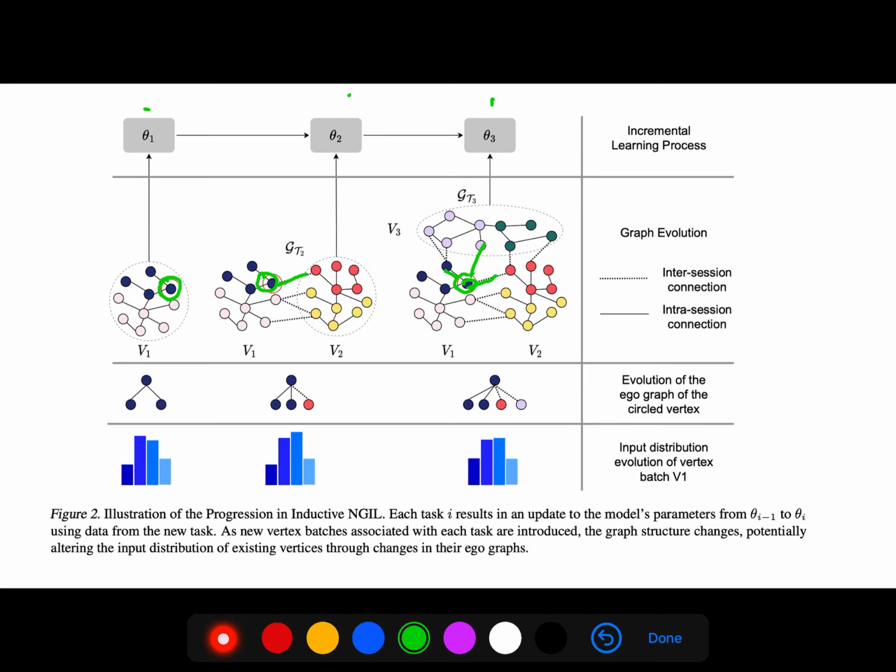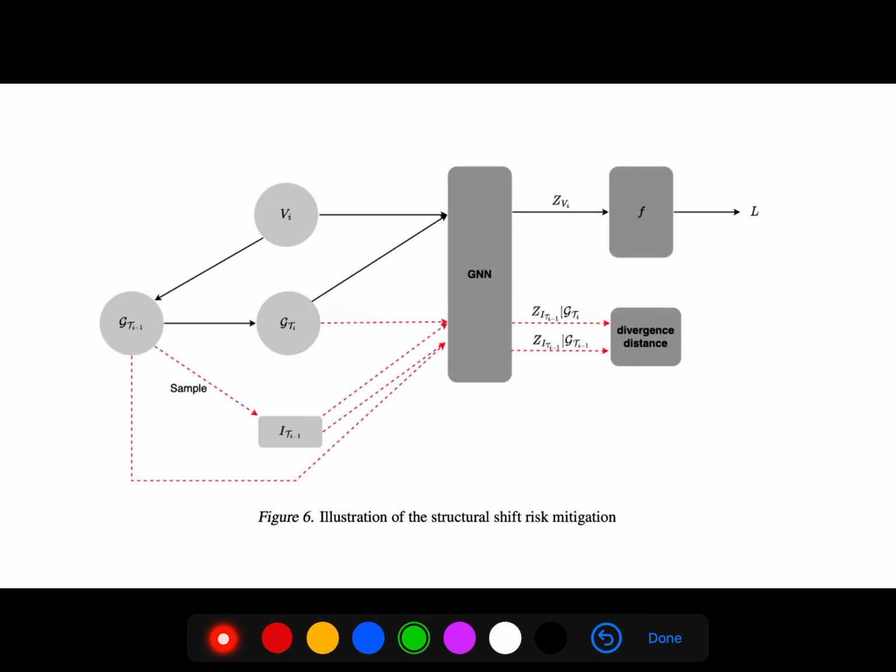So you see that this is an evolution of the ego graph of the circled vertex. So this is an illustration of structural shift risk mitigation. We are sampling, and then we give it to the GNN to compute the divergence distance.